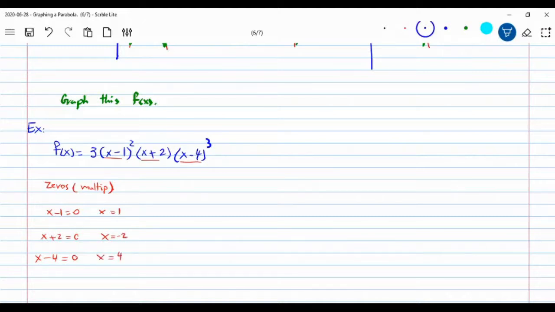What are their multiplicities? The multiplicity of the first solution comes from this parenthesis. The exponent tells you the multiplicity, so the multiplicity here is 2. The second solution, x plus 2 equal to 0, comes from this parenthesis. The exponent here is 1, so the multiplicity is 1. And the last one is multiplicity 3, as the exponent for that parenthesis is 3. Okay, I figured out the zeros and their multiplicity.